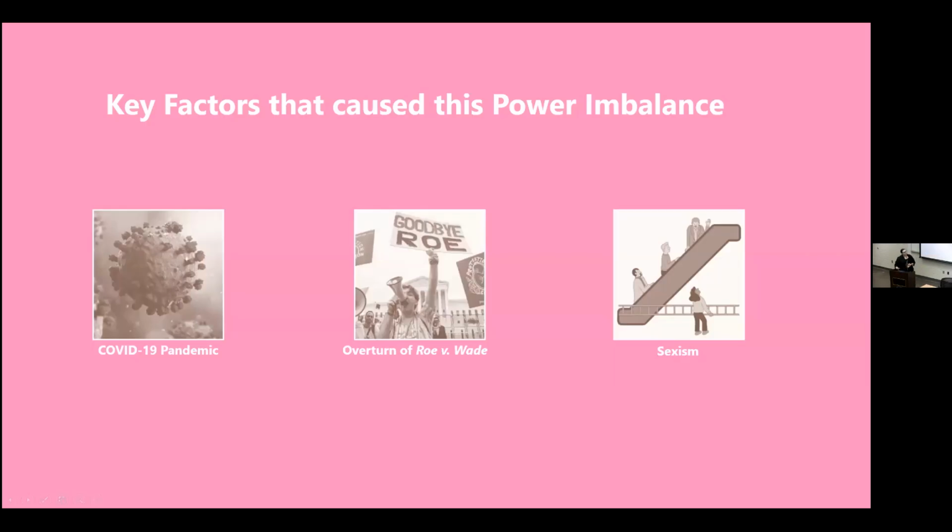The more I looked into this power imbalance, the more I realized that these three things were really the cause of it: the COVID-19 pandemic, the overturn of Roe v. Wade, and sexism in general. I hadn't really heard anyone talk about sexism, but the more I did research into it, it really was one of the main factors.